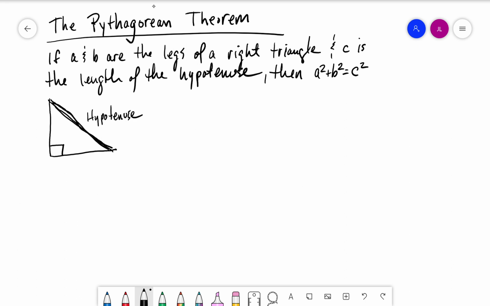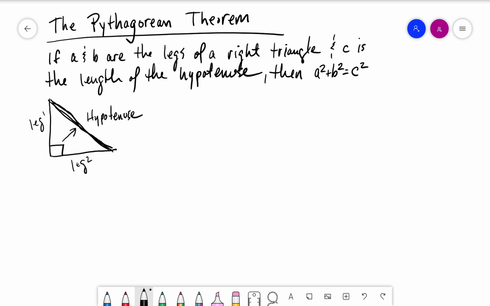The hypotenuse is always the side that is opposite the right angle of your right triangle. And this is leg 1 or leg A, and this is leg 2 or leg B, however we may want to say this. What we're saying is if we take the squares of the two legs and add them together, we get the square of the hypotenuse.